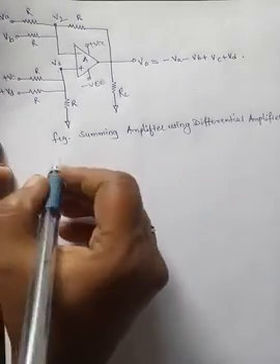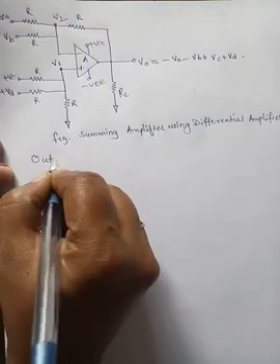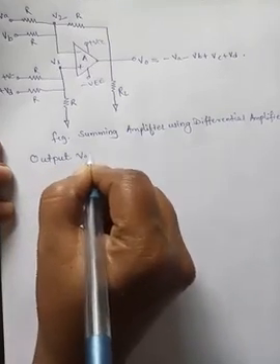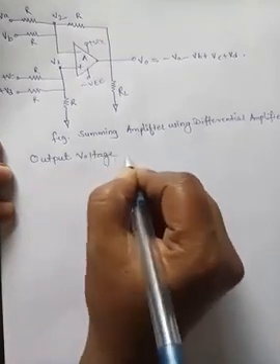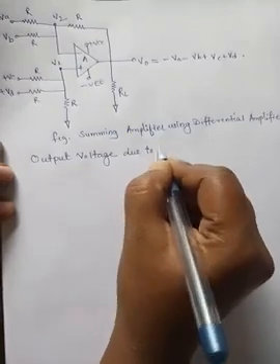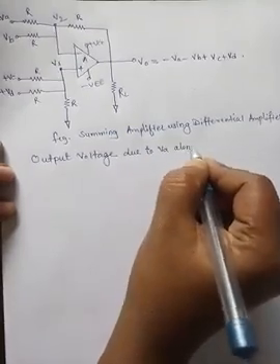So consider first we want to find the output voltage due to VA alone.